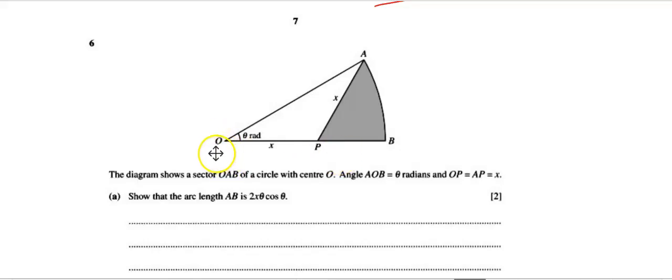We have OP, so OP here is equal to AP, and all this is also equal to x, as we can see x on this side and even x on this line OP, and on the other line PA. What we are required to do is to show that the arc length AB is equal to 2x theta cos theta. So what are we supposed to do?